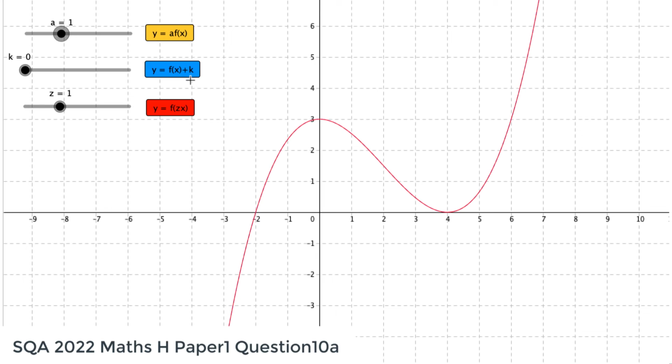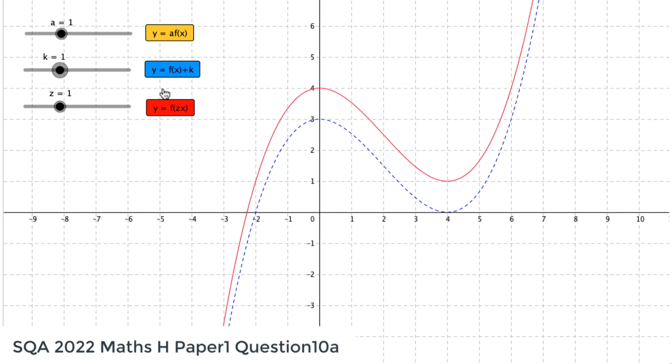Let's look at this one where we're adding a number to f of x. Let's increase that value to 1. So we're now looking, red graph is y equals f of x plus 1. And you'll notice where we had a height of 3 in the original y equals f of x graph, the height has had 1 added to it, 4. Where the height was 2, it's now 3.